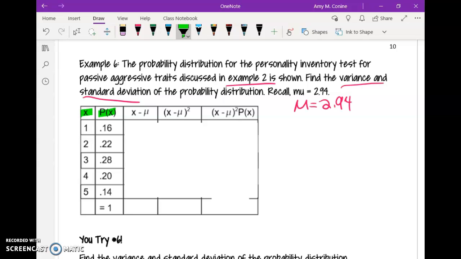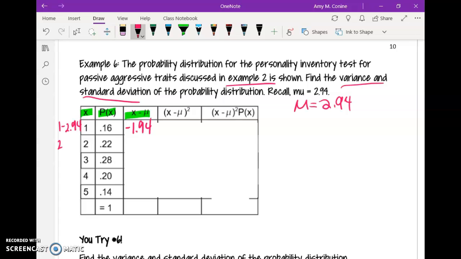Now in our next column, we need to take our x minus our mu. So we're going to take 1 minus 2.94. I'm going to do it off to the side. We should get negative 1.94. We're going to keep going with that.